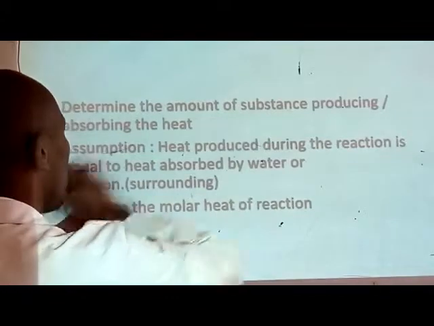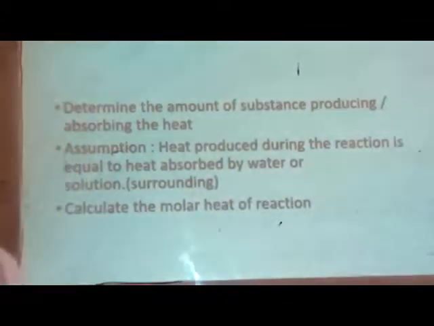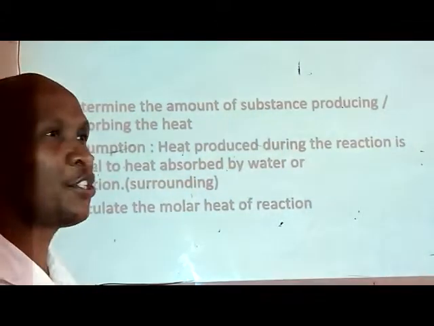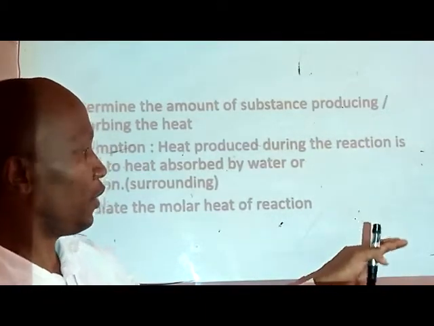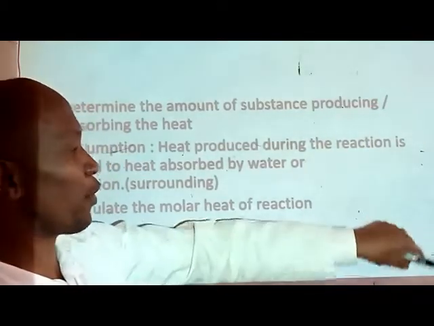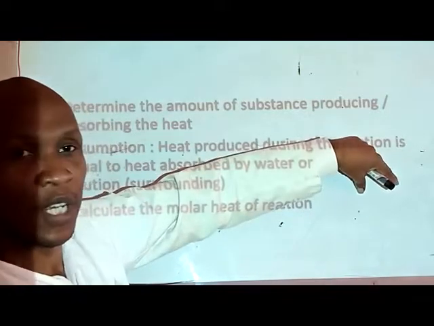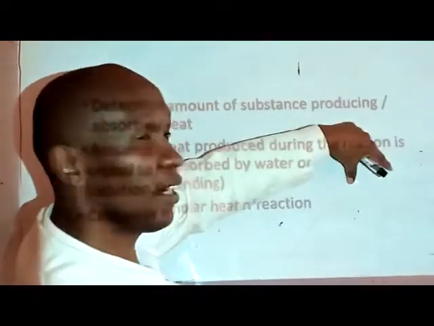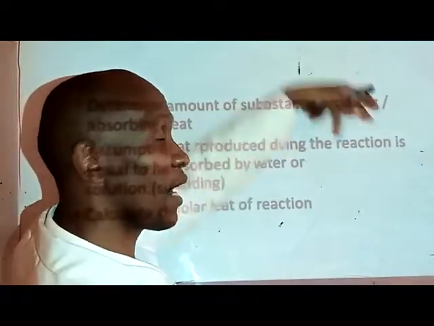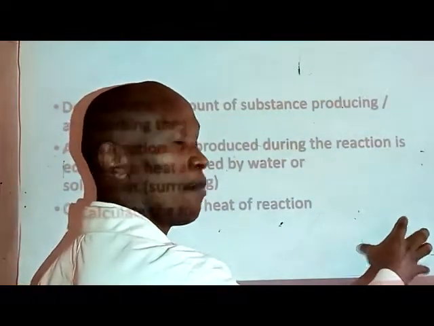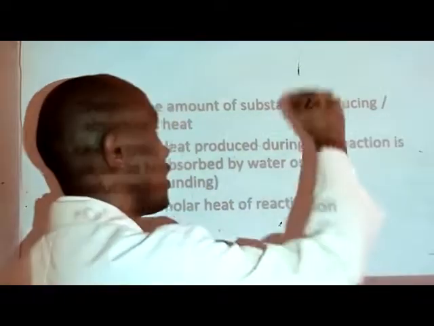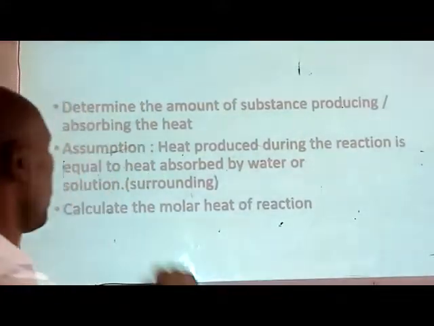The next step is to determine the mass of the substance that is producing the energy. Say I used 2 grams of magnesium ribbon to heat 100 grams of water. It is the magnesium that is producing the energy that is being absorbed by the water.